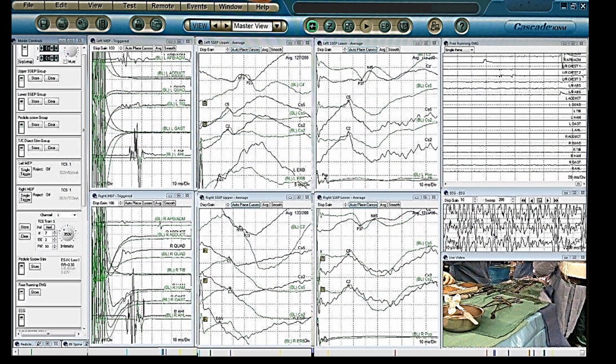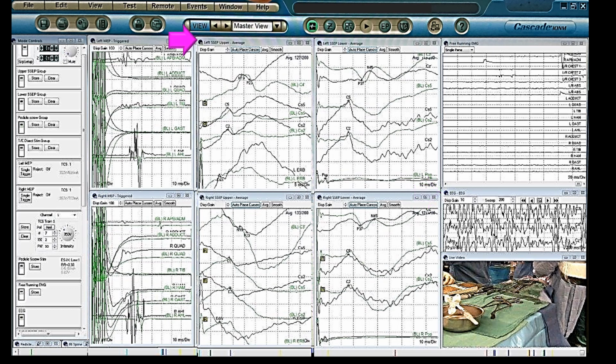In it, during this occasion, corresponding to a scoliosis correction procedure, we follow the left and right muscle motor evoked potentials, free running EMG, and 3 EEG channels with which we survey the motor function.